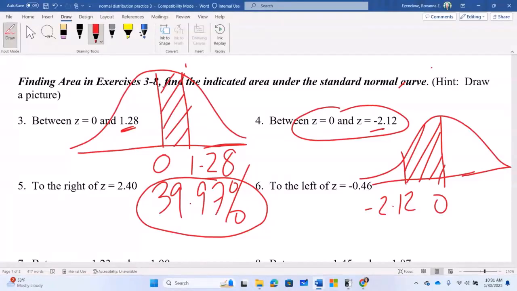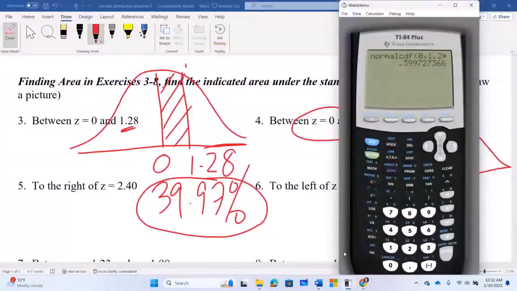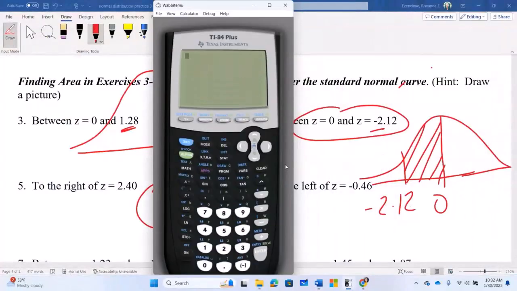Now I need to find the area with the calculator. And after that, I will be finding that area by hand. Okay. So I'm going to find the area. All right. Second vars, distribution, and number 2 because I'm looking for area.